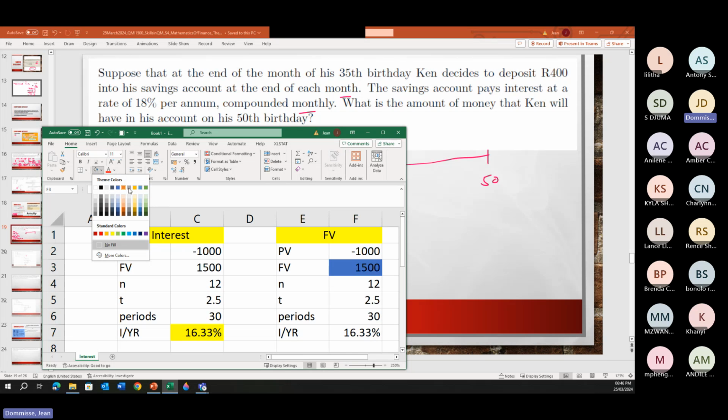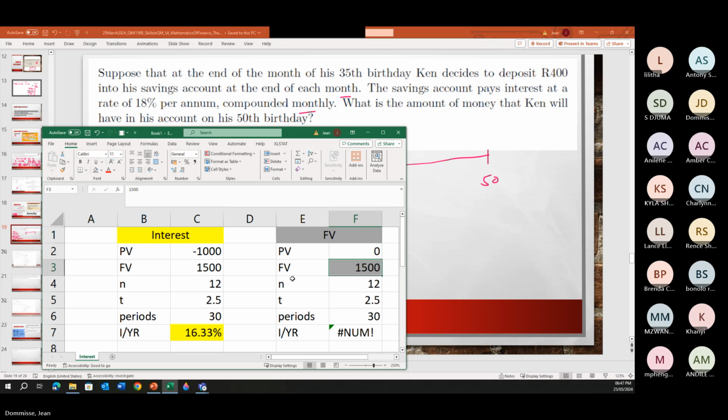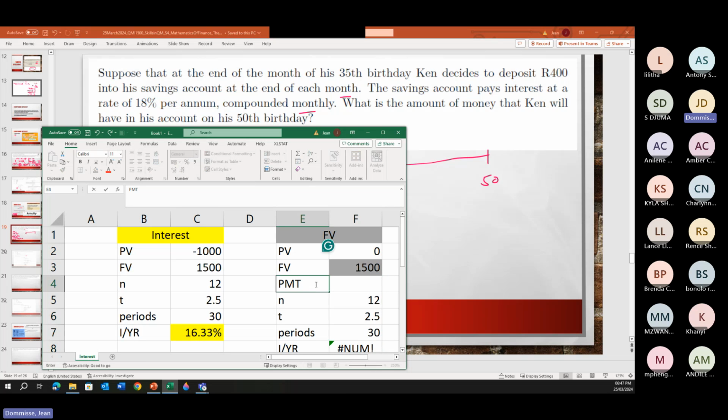So I'm making that the subject, so we're going to get to the future value. As you can see, that has now changed. I also just want to put in the PMT.